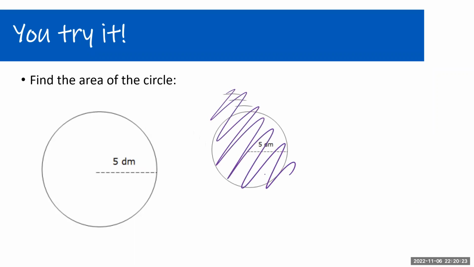Find the area of this circle. We know that our area is pi r squared. We know pi goes into our calculator. And we know our radius here. It's not given to us as the diameter. It's given to us as just that half point.